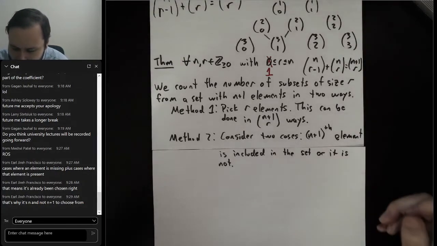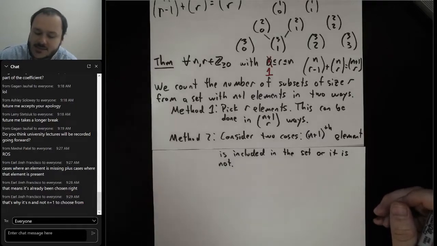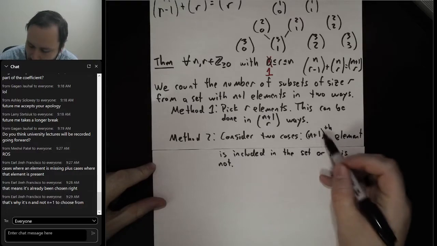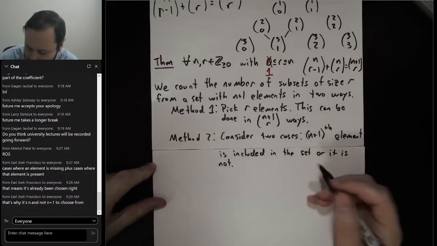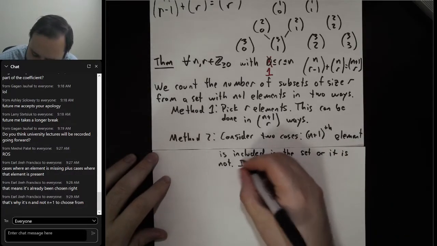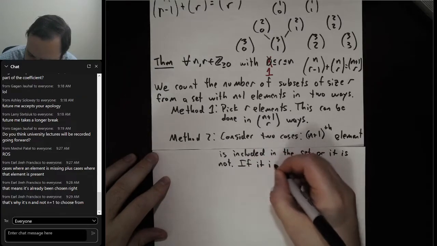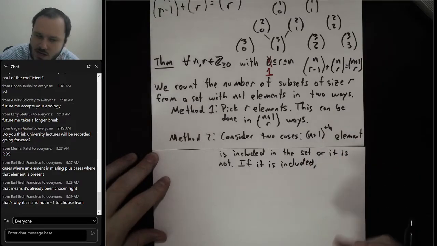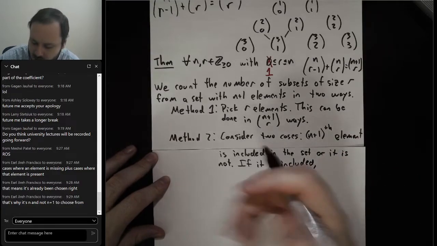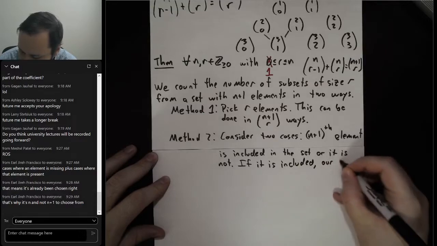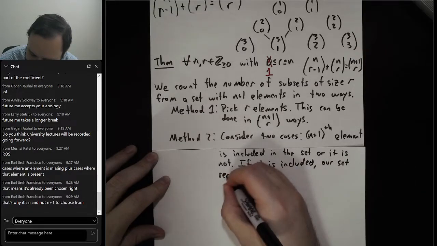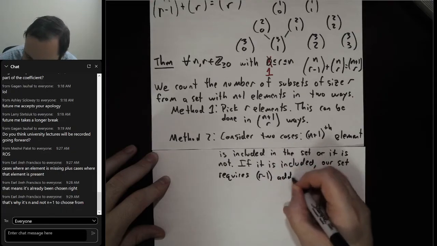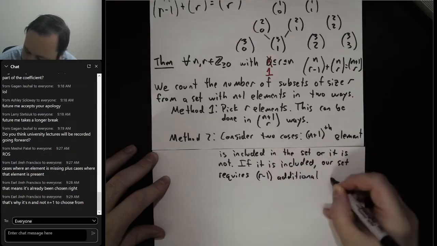Yes, so I've already decided, inside of each case, if this n plus 1th element is going to be included or not. If it is included, we need R minus 1 more additional elements.